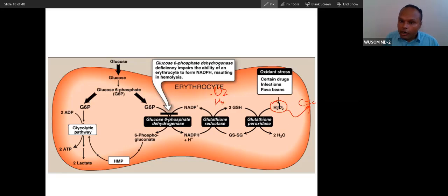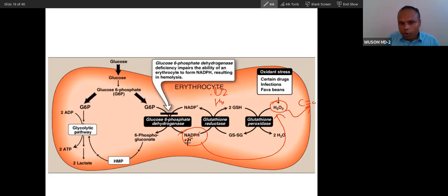Before it damages the double bonds of the membrane lipid and breaches the lipid, the NADPH produced from the pentose phosphate pathway will nullify this. It is an indirect nullification, not direct, and that is why you see a complicated pathway.